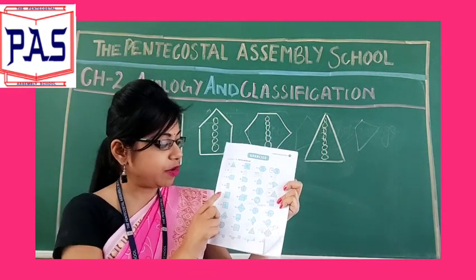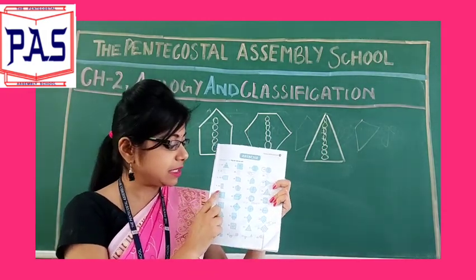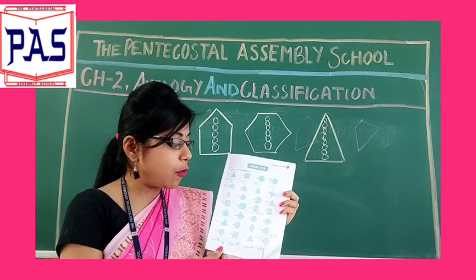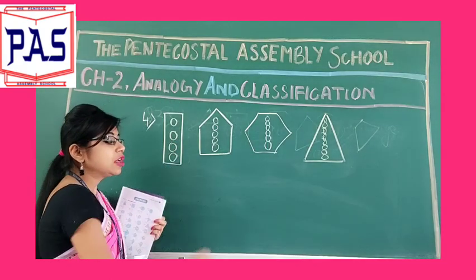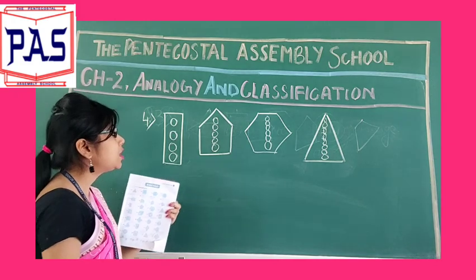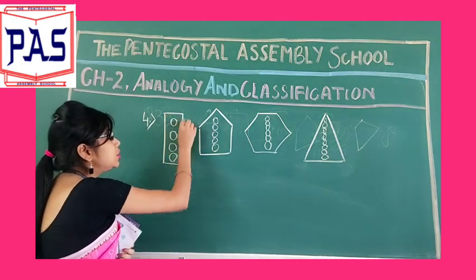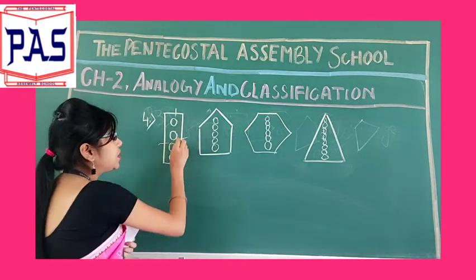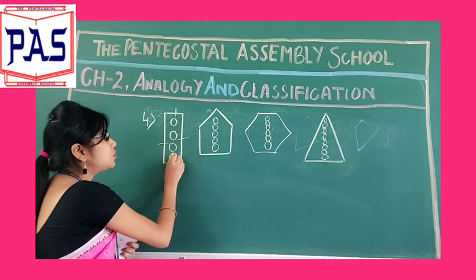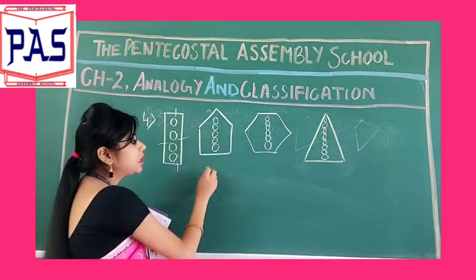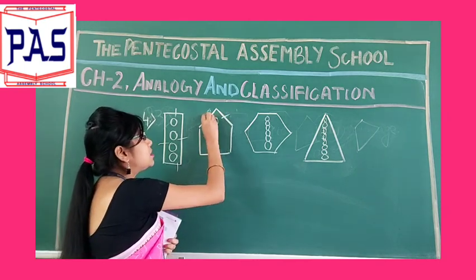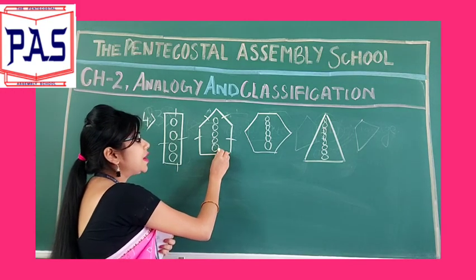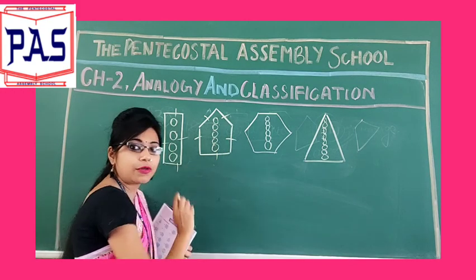Now come to question number 4. Children, here you can see that there are 4 figures given in question number 4. I have drawn all the figures given in the question on the board. This picture has 4 sides, so it has 4 circles inside it. In the second picture, this picture has 5 sides, and if you count the circles, the number of circles is also 5.